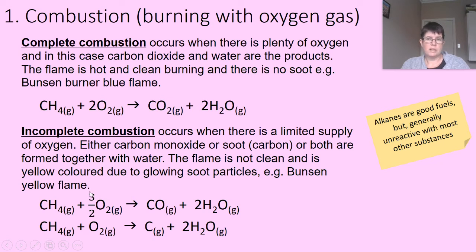This is the only situation where you can use fractions in front of a formula in a chemical equation. So we've got 3/2 moles of oxygen gas. Now we've just got CO, which is carbon monoxide. Carbon monoxide is a really dangerous, poisonous gas. If there's not enough oxygen, it'll make carbon monoxide rather than carbon dioxide.